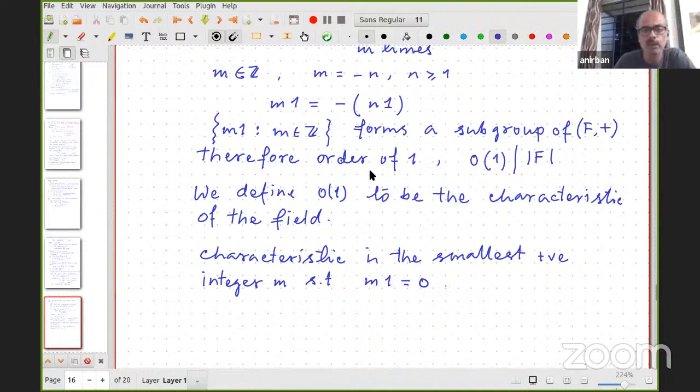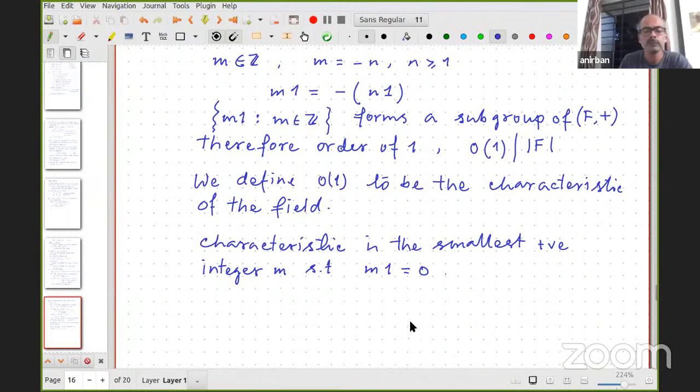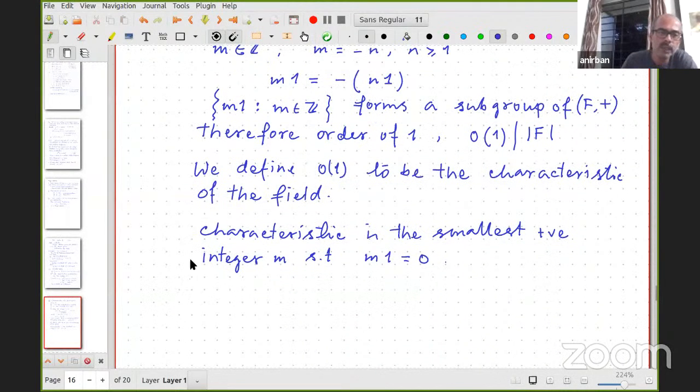That's just from the definition of order. Order is the smallest value of this. So that's important.